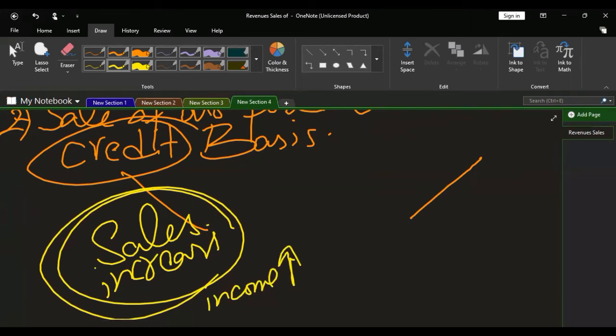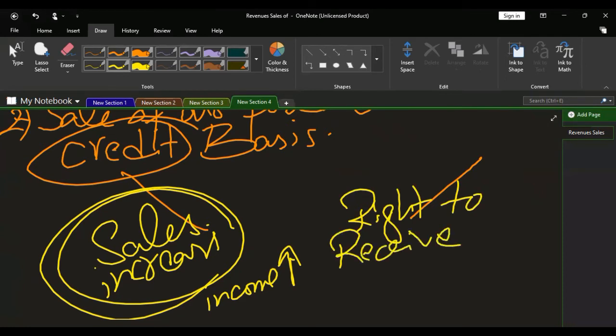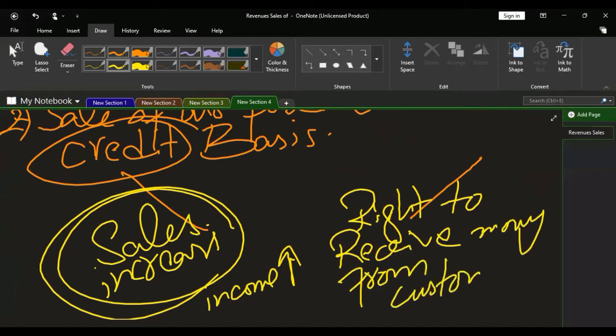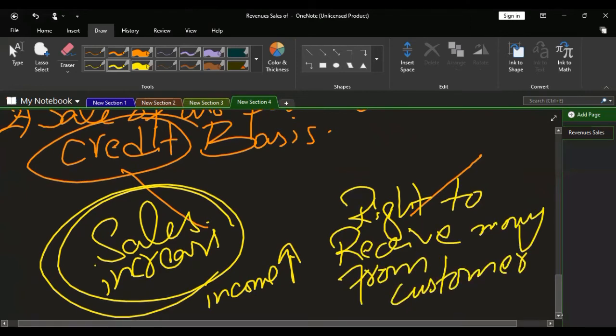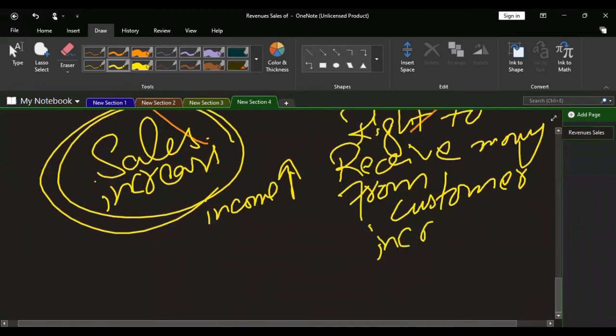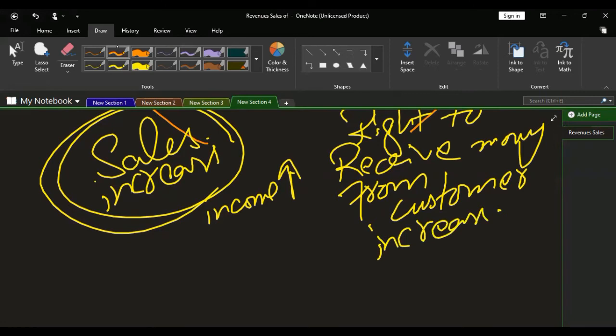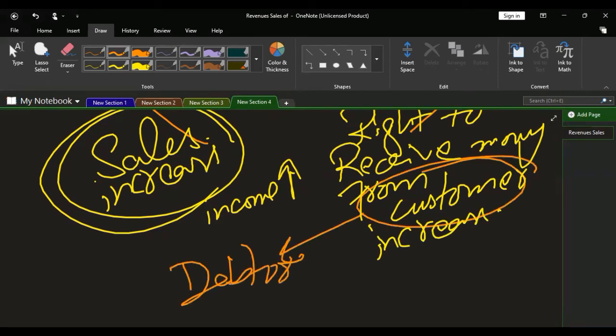And the second impact is that a right to receive money from the customer has been generated, so it increases. Such credit customers are normally called debtors.